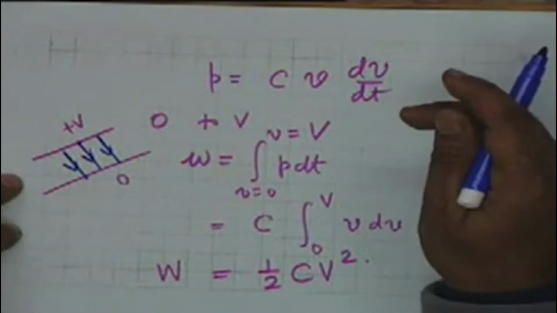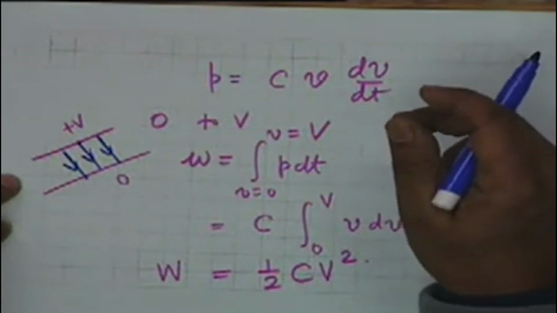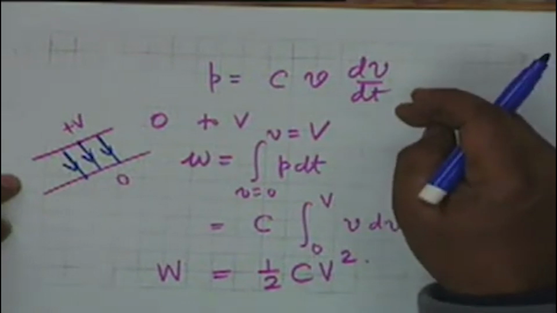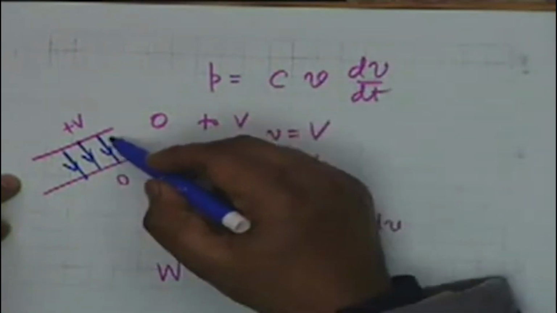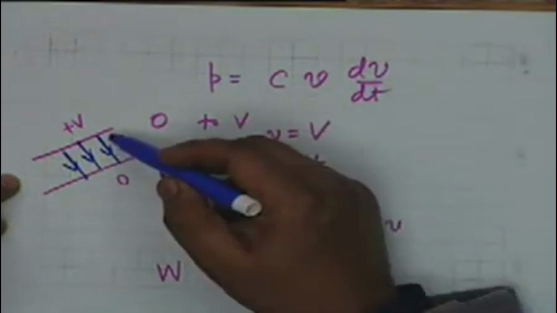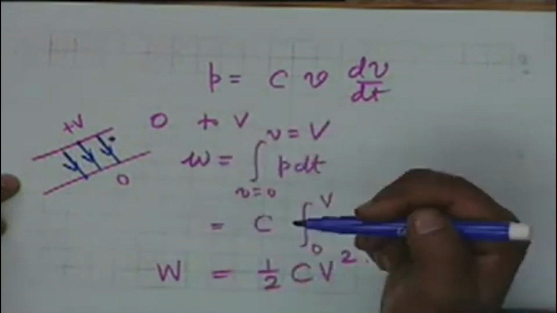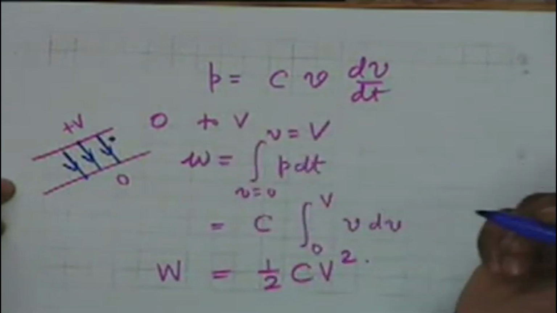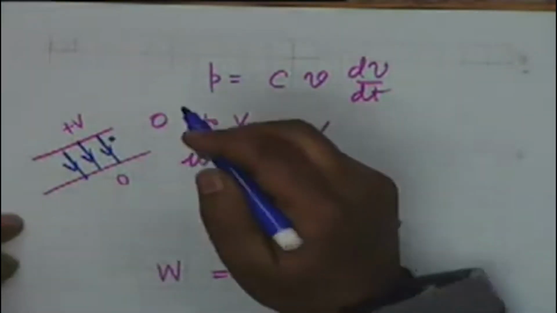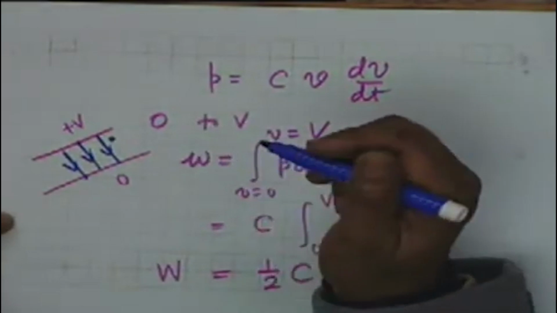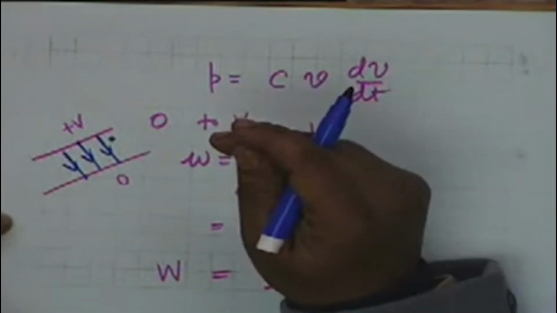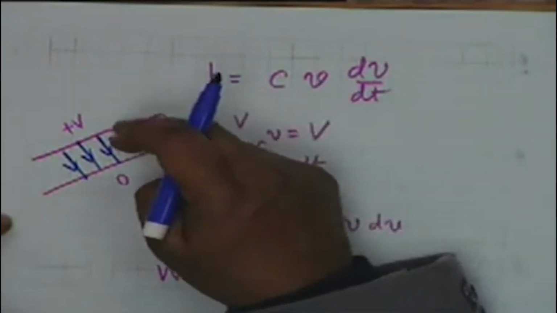What is the direction of the electric field? Same as that of the lines of force, and therefore if I put a positive charge here, this positive charge shall go towards the lowest potential, that is zero potential. The point that I was mentioning is that this energy is therefore stored in the electric field that exists between the two plates.